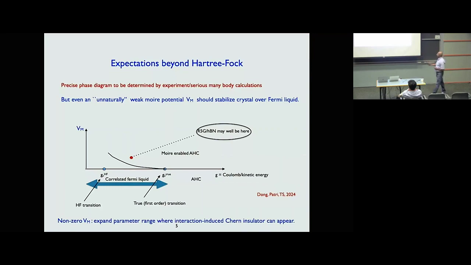So in this intermediate regime, where Hartree-Fock would have given you this Hall crystal, what you might actually get is just a correlated Fermi liquid. That's what happens in the standard problem of the 2D electron gas. And the true transition would be a first order transition.